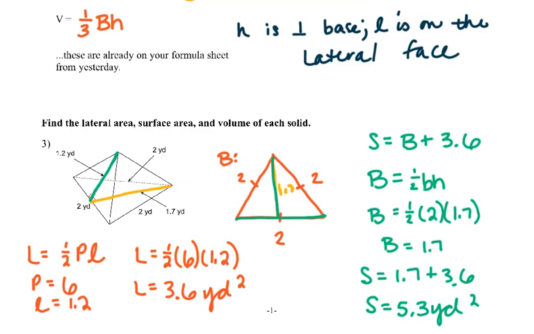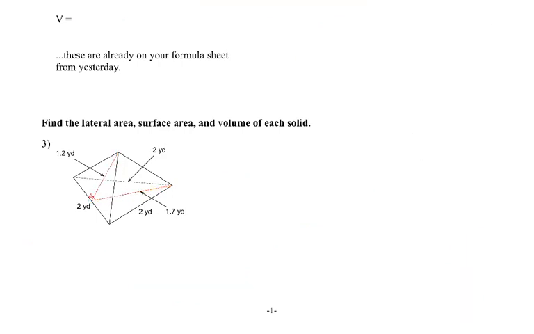Okay, so volume. So I am going to erase everything so that we can focus on the volume, because the tricky part about the volume is that we need the height of the pyramid, and the height of the pyramid, it's not there. We don't have it, so we have to figure it out. All right, so clear my ink, and we're going to start with volume.